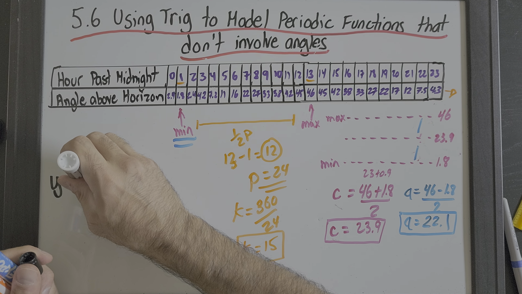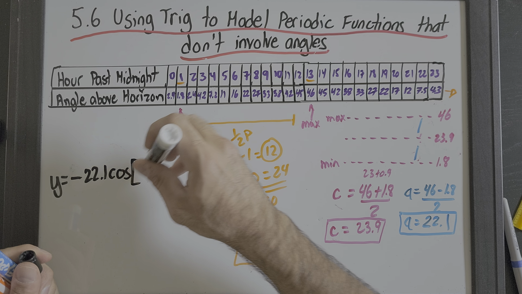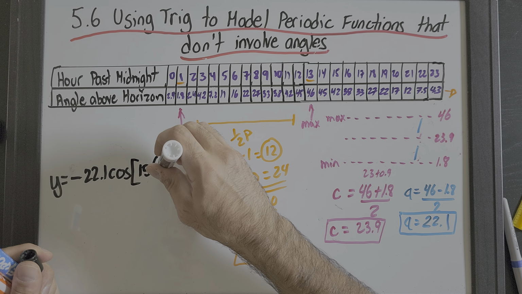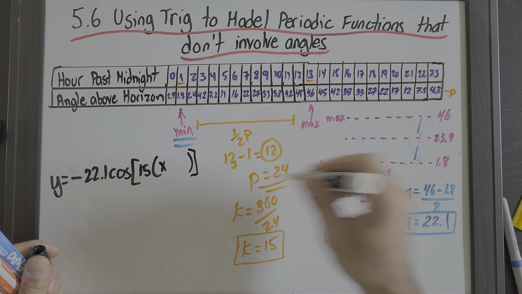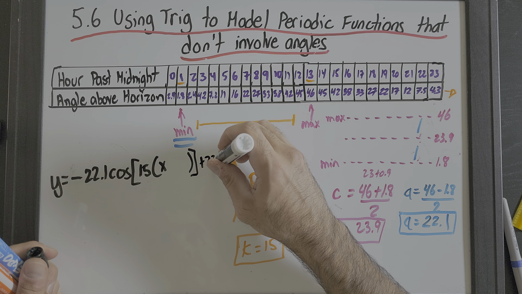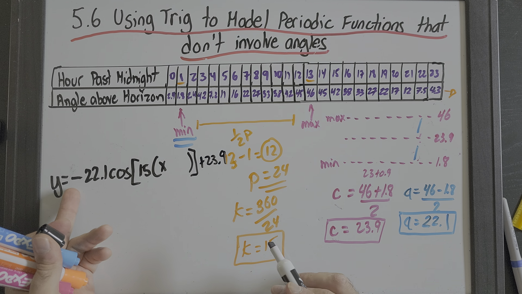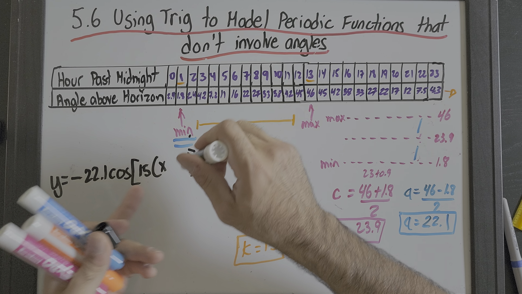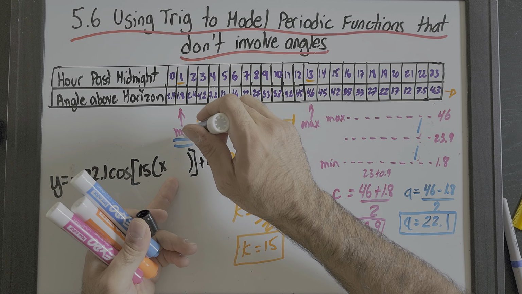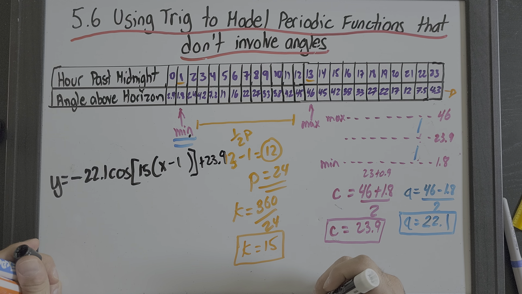So negative A value cos, K value, D value, we'll talk about in a sec, C value. So I just plugged in everything I know over here. It's negative because I'm starting at the minimum. That's why it's negative. The D value is where you started. How shifted is that? 1, minus 1, done.